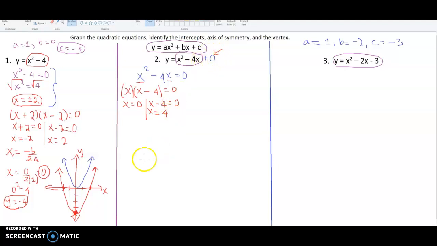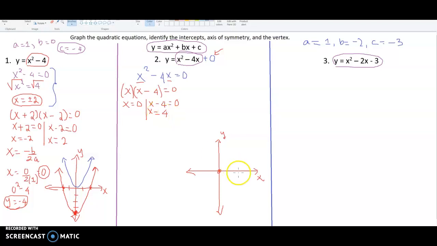Okay, so now let's go and plot what I have first before I go back and try to find the axis of symmetry. Okay, so let's go to the y-axis. That's the y. And let's go to the x-axis. Again, my x-intercept is going to be 0.